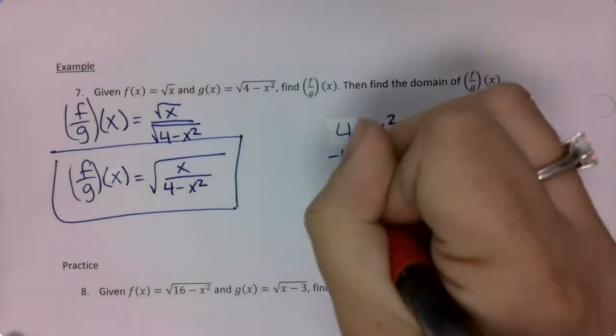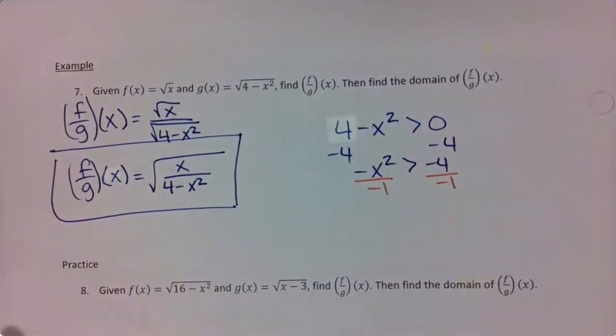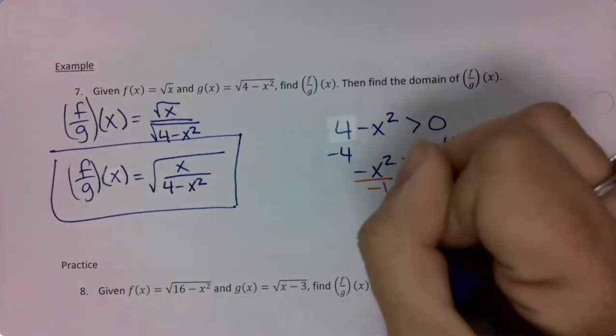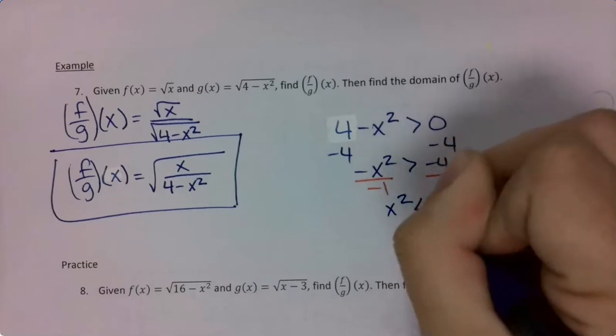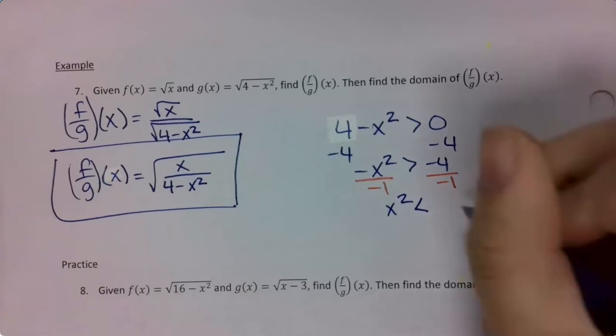I can't take it out. I need to divide it out. Hold on, I haven't finished. So I have x squared, and then I have less than, because remember when you divide by a negative, you change your sign. And then negative 4 divided by negative 1 is 4.